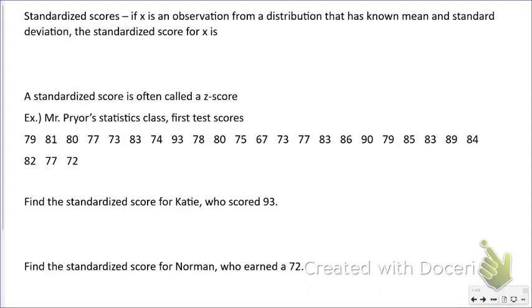In stats, we wrapped up the beginning of Chapter 2 notes. We looked at standardized scores and these different test scores from Mr. Pryor's stats class.